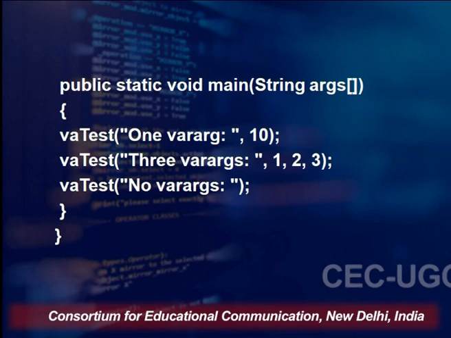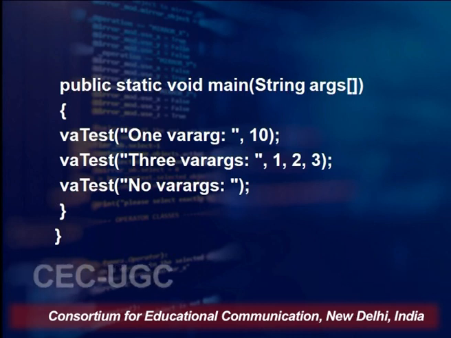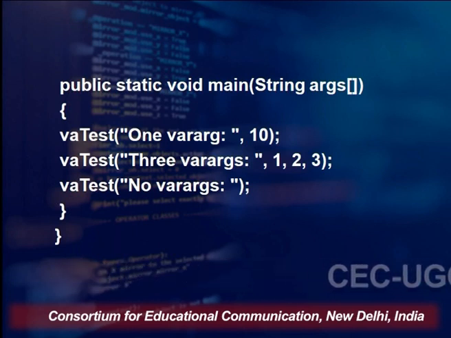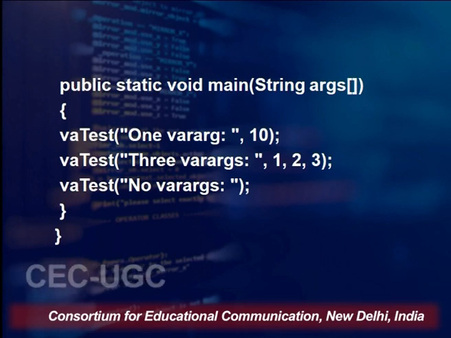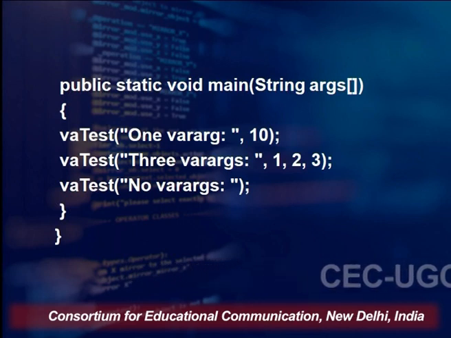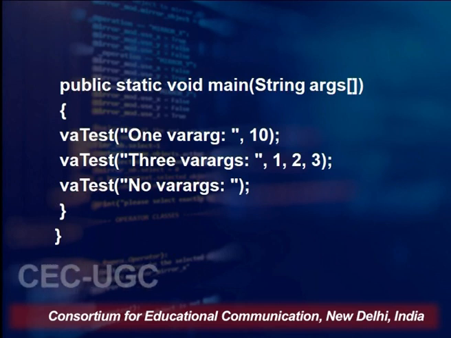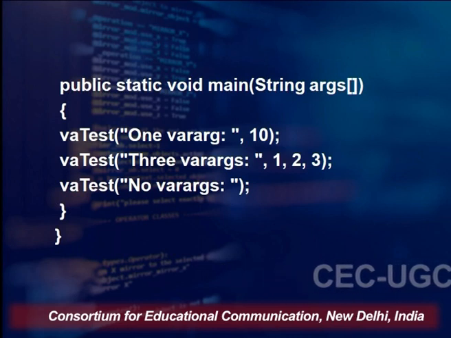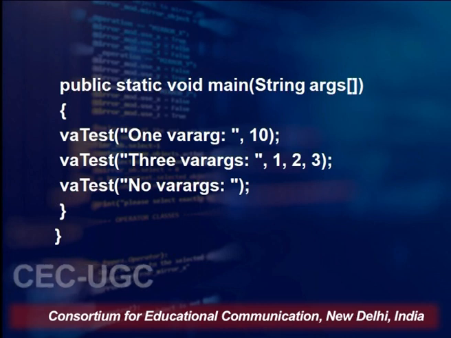Within this class only, we have used a main. Now please remember, in this varTest we need to pass one message parameter which is of type String and other parameters which can be of variable length. In the first call, the message is one vararg, and we have passed only one parameter to the variable length argument.